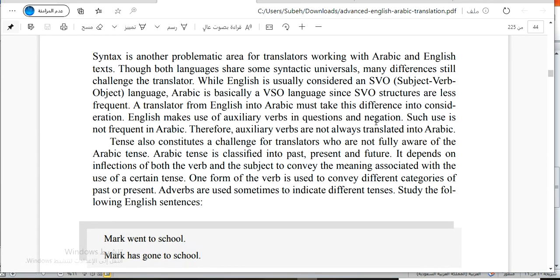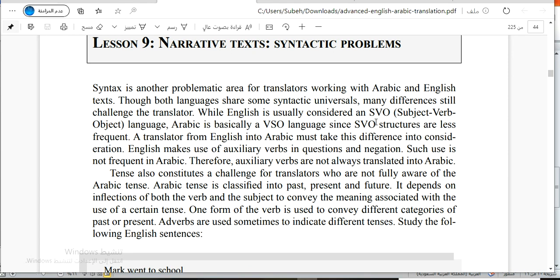Okay. Now regarding the syntactic problems, we mentioned before that Arabic is basically a verb subject object language, which means it starts with the verb.